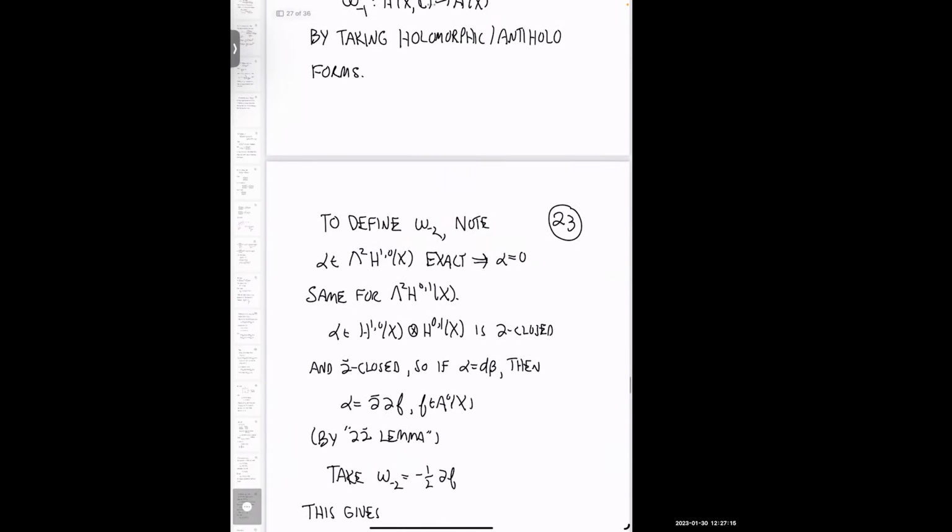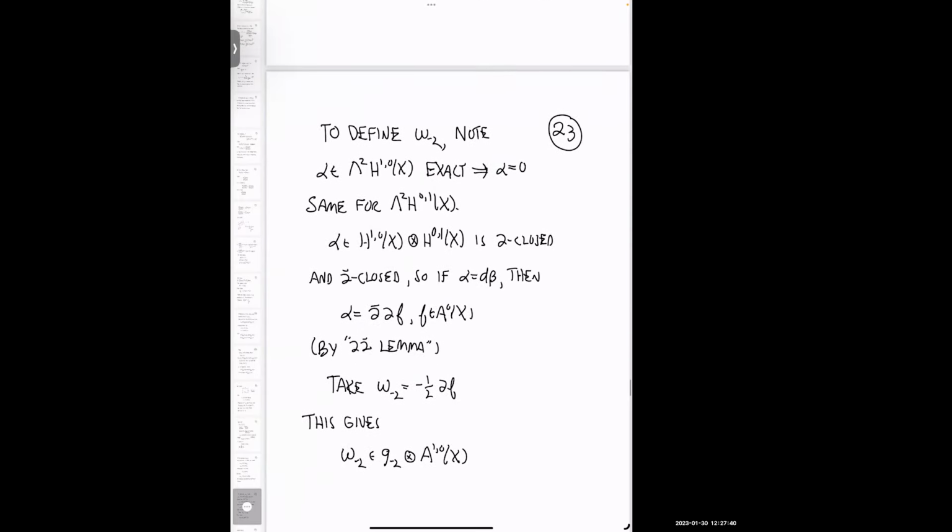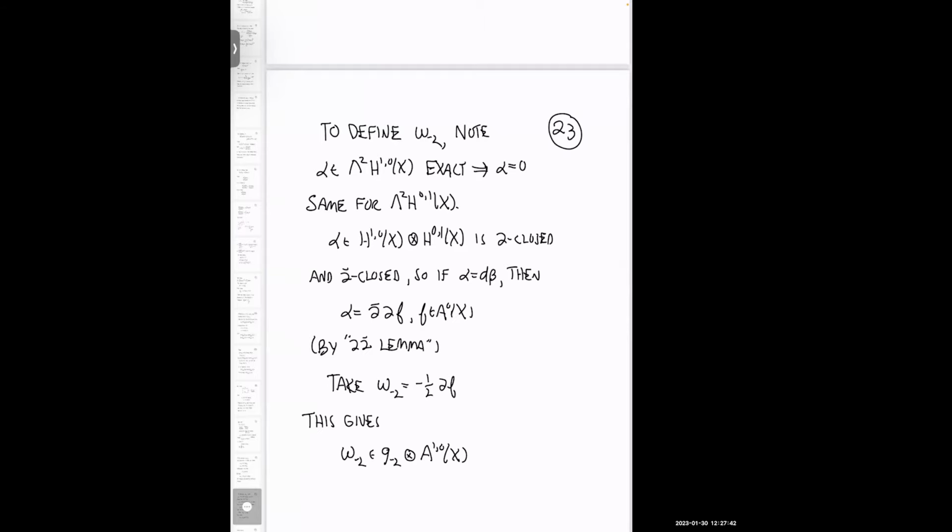And now, to define omega minus 2, if you have something that is exact, that's a sum of wedge products of 1,0 forms, then it has to be 0, and the same for the 0,1 forms. But when you have a 1,0 and a 0,1 form, then it's d closed and d bar closed.